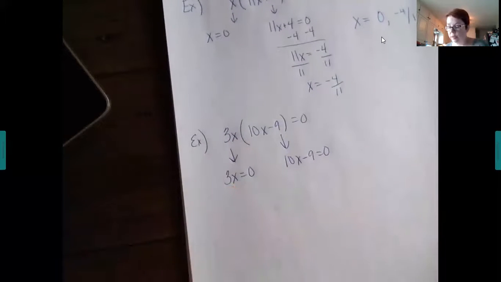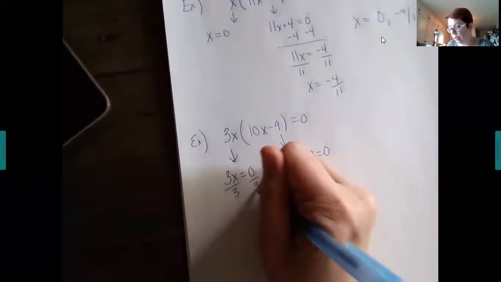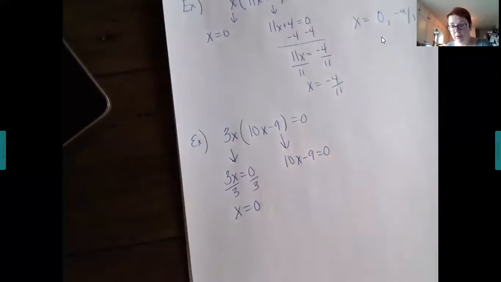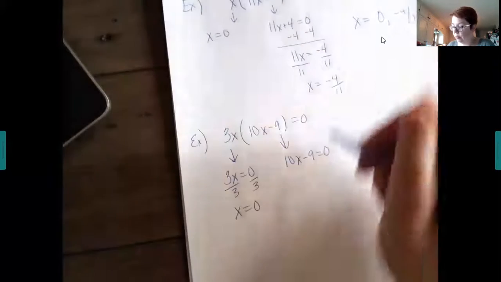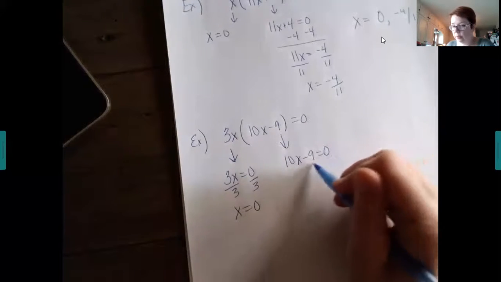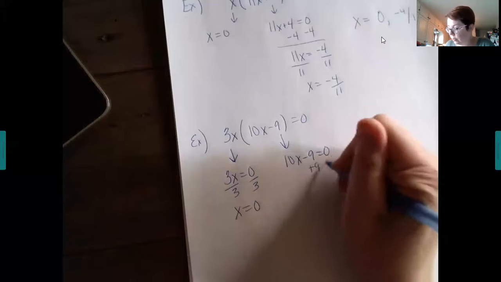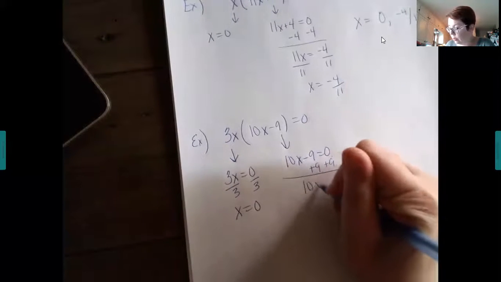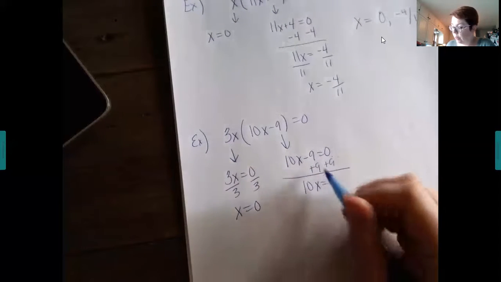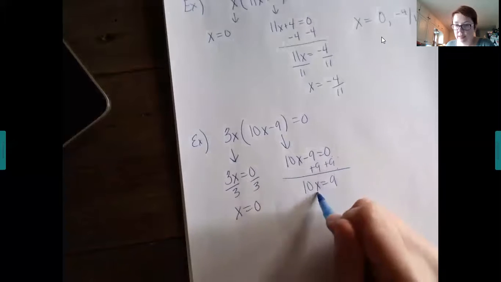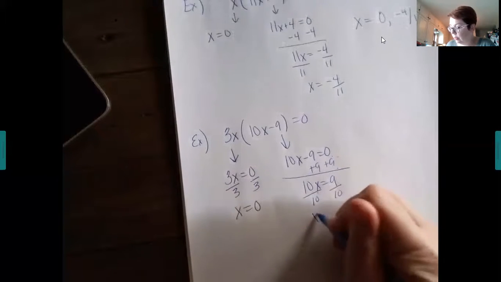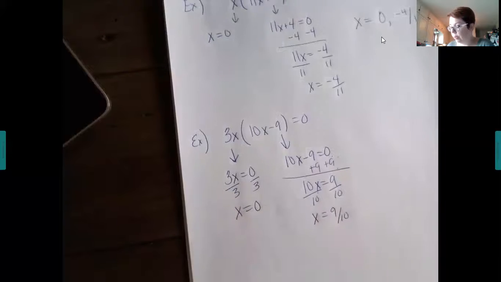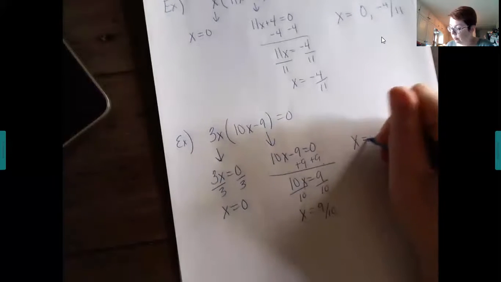So here, 0 divided by any non-zero number is still going to be 0 for our answer. Same thing like we did up there. We set this group equal to 0, and we use our magic of algebra to solve it. So we add 9 to both sides, and to get x by itself, we divide both sides by 10. And we have these two answers.